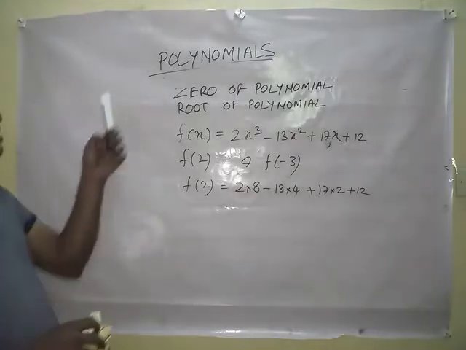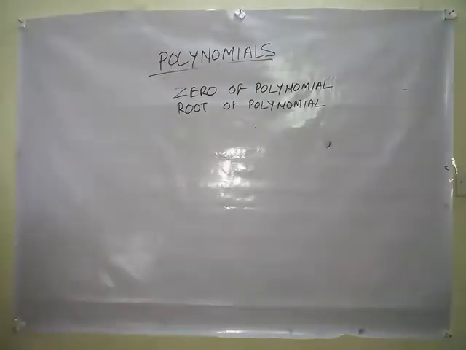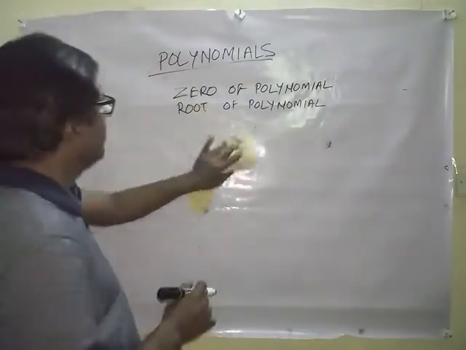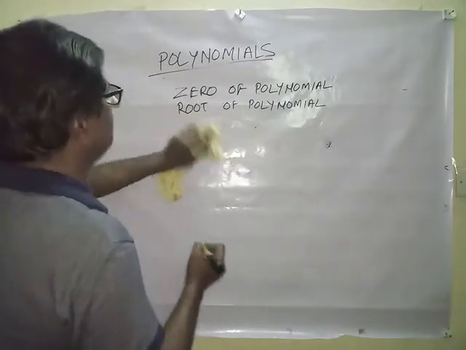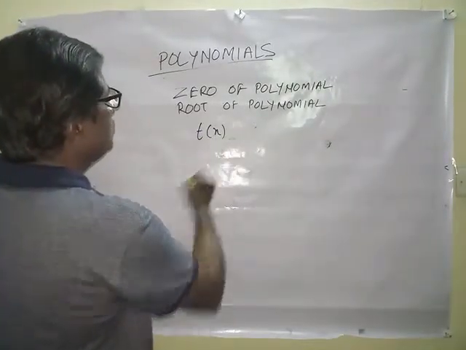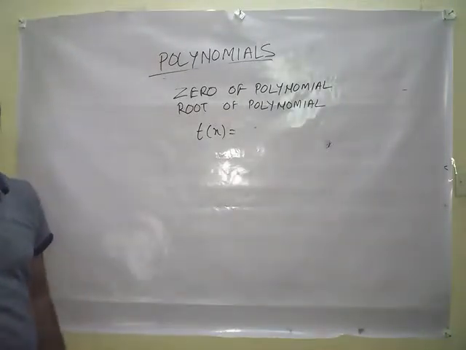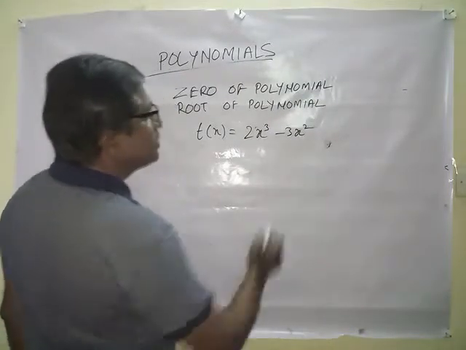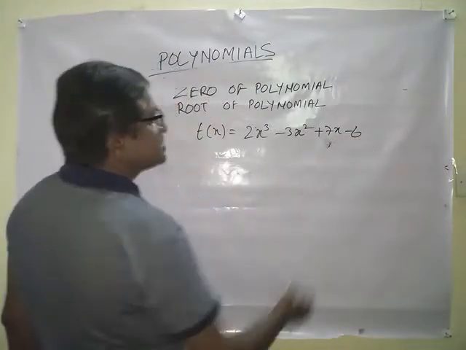There may be a question on the root or zero, where they will ask you to show whether, like there is one polynomial equation, say every time we are saying f, let us say q(x) or say t(x), anything you can write down, f(x) is a very common thing but it is not mandatory. Equal to 2x cube minus 3x square plus 7x minus 6.